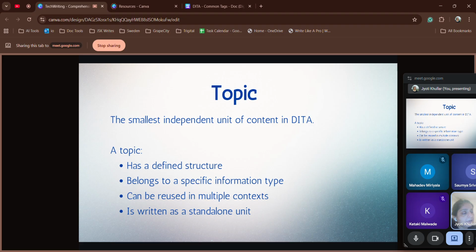It can be reused in multiple contexts, and it is written as a standalone unit every time. So as I said, specific information type means either it will be concept, task, or reference. And it will follow the structure according to the topic it is meant to be. Okay.